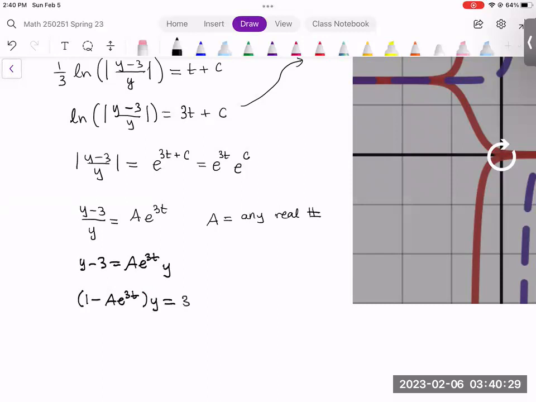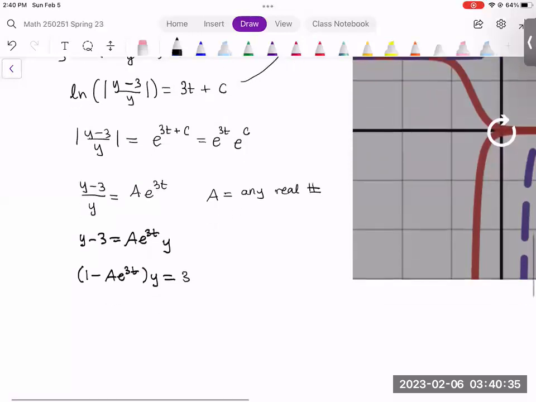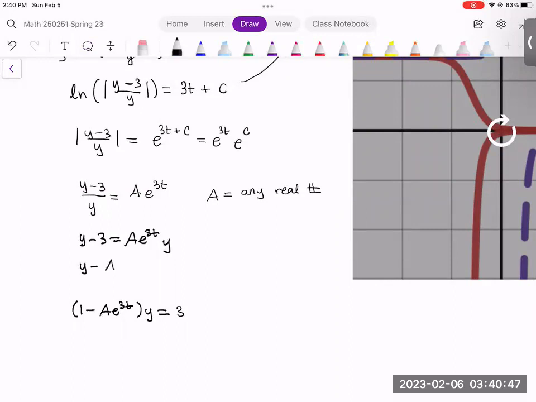So we're just subtracting this y term over to the left side, adding the 3 over to the right, and then factoring out y. Actually, let's add one step just showing partway through this process. So we're going to subtract this a e to the 3t times y over, then add 3 to the right-hand side. Because we have that common factor of y in both of these terms, it can be factored out. And so we get that y equals 3 over 1 minus a e to the 3t.